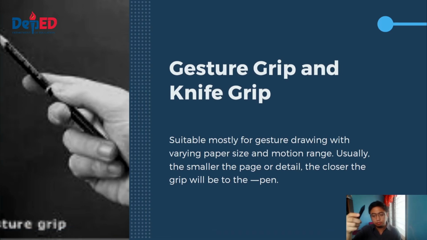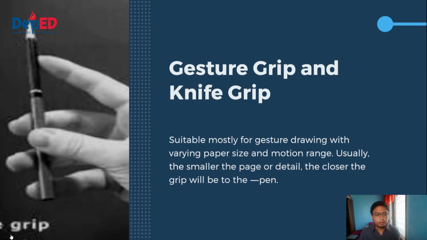Basically, gesture would be like this one. It's a gesture grip. While the knife grip is like this. That's how you will hold your knife. The knife grip, okay? It's like holding a real knife.